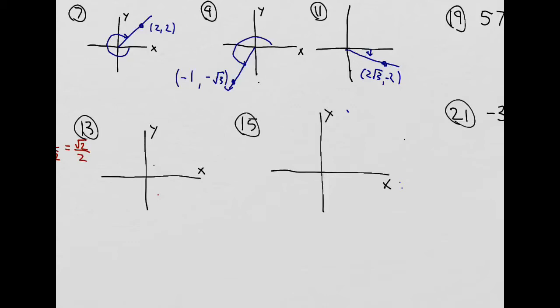How much, though? Starting at 0, there's negative 90, negative 180, negative 270. And I'm going past that a certain amount. So I'm going to be greater than negative 270, but how much? You have to look at the point to figure this out.